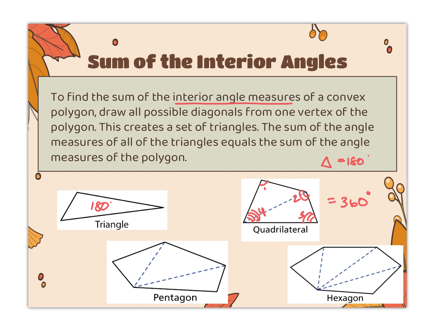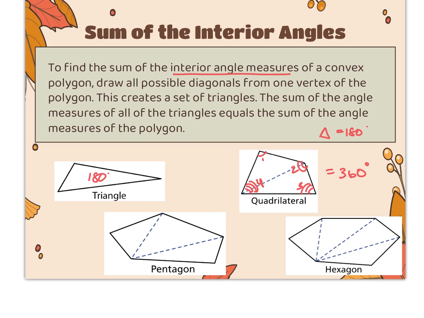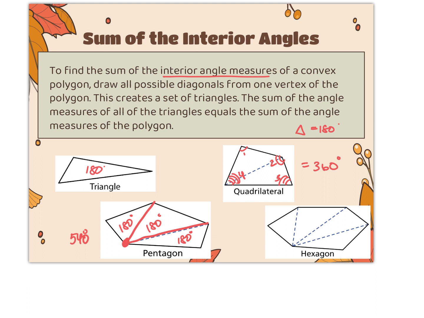Here we have a 5-sided figure, a pentagon. Again, if I pick this vertex and connect all my diagonals to it, this would be 180, this would be 180, this would be 180, and all together the sum of the interior angles would be 540 degrees, and so on.